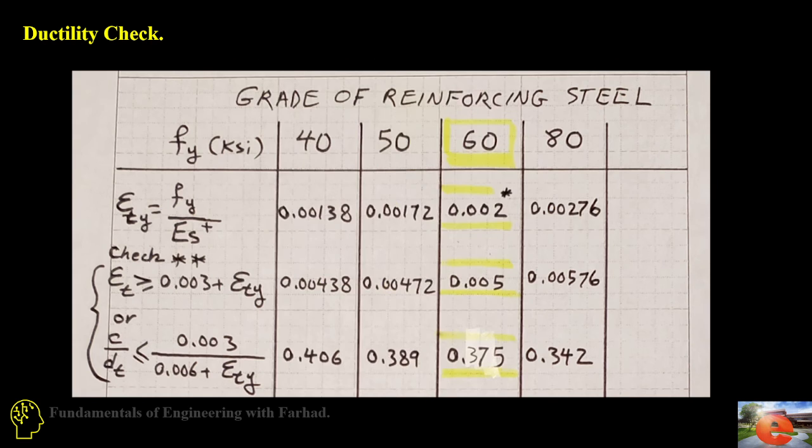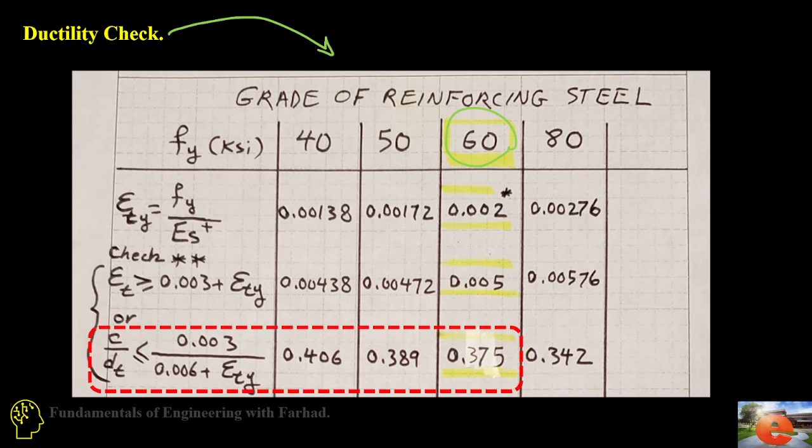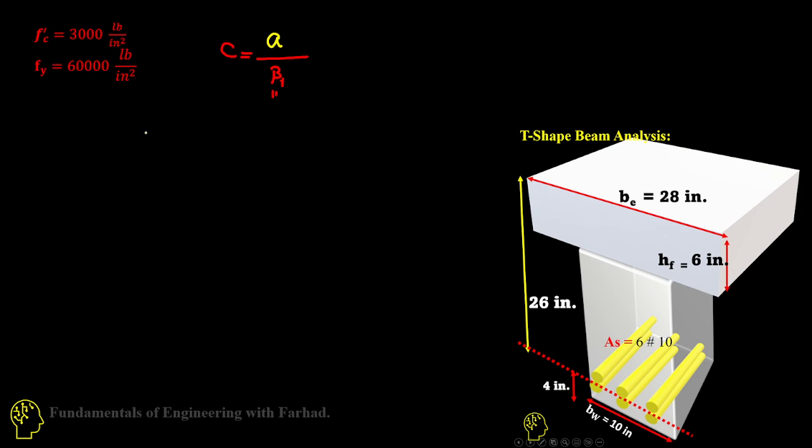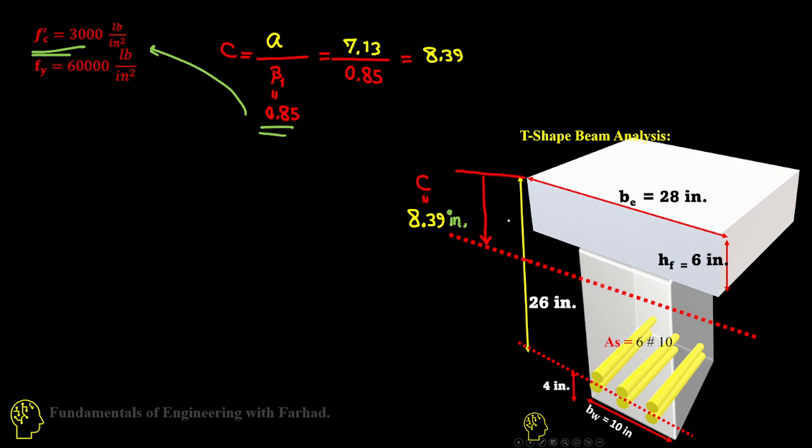It means our steel is not cosmetic steel in the concrete. We jump to the ductility table based on the grade of our steel. For grade 60, c over d should be smaller than or at least equal to 0.375. So c is a over beta 1, where beta 1 is 0.85, the coefficient for f prime c.